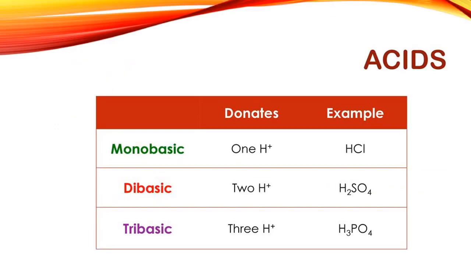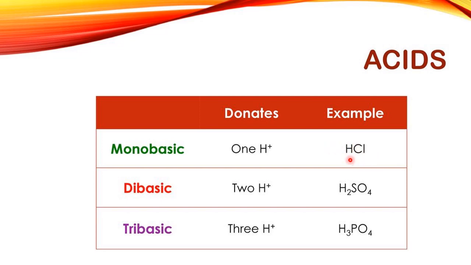Now, please see here. Why is this called monobasic? Because this acid contains only one acidic hydrogen, so it can give only one proton. So this is called a monobasic acid. We are discussing dibasic acid, monobasic acid, or polybasic acid, depending upon the number of H plus ions it is giving.